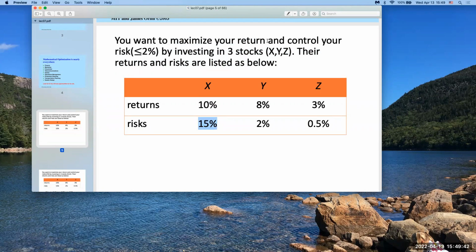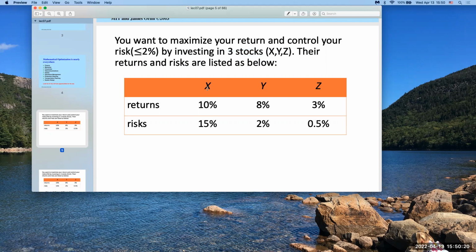So here you have your objective, which is to maximize return and control your risk. That's the constraint. You must try to accomplish your goal, but within certain conditions. We can do so by investing in 3 stocks. For example, if we have $100, that's the maximum investment, and we make the decision to invest different amounts of money into the 3 stocks.